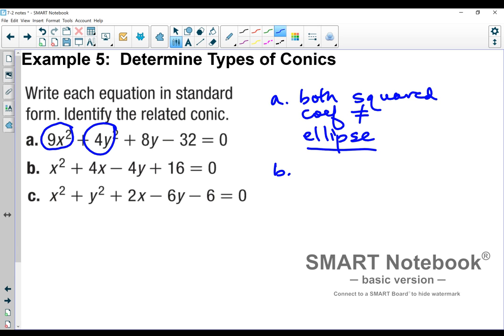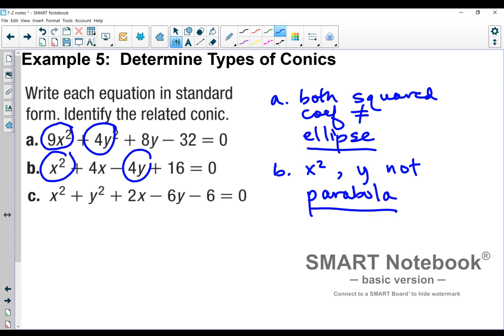For B, I am noticing that my x is squared, but my y is not. x is squared, y is not. So if only one of them is squared, I don't have an ellipse or a circle, I have a parabola. And for C, I can see that both are squared again.